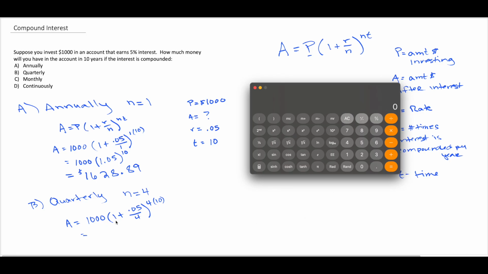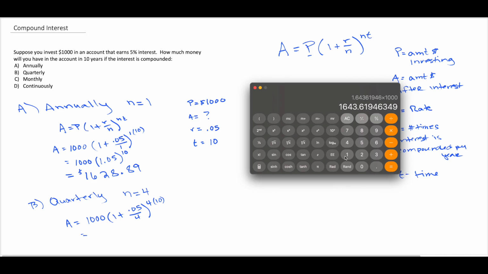So a lot of times I'll work within the parentheses first, and I'll be taking it to the 40th power. So I'm going to go ahead and look at, okay, what is 0.05 divided by 4? Okay, and then to that, I'm going to add 1. So that's the base. I'm going to take that number to the 40th power, 4 times 10, and that gives me that number, and then we'll multiply that by 1,000.